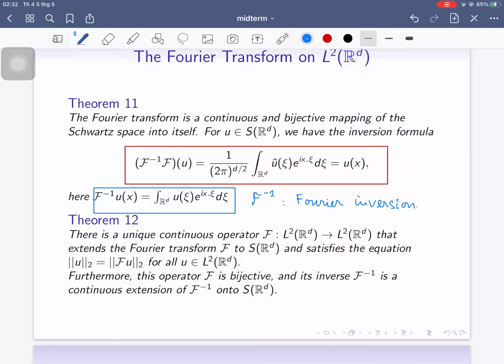Furthermore, this operator F is bijective and its inverse, F minus 1, is a continuous extension of F minus 1 on S(R^d). This means this theorem states that we can extend our definition of the Fourier transform from S(R^d) to L2.